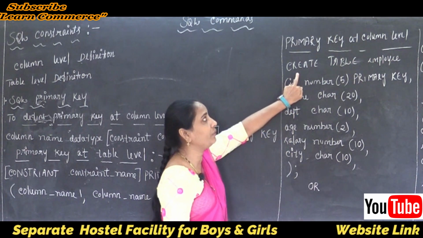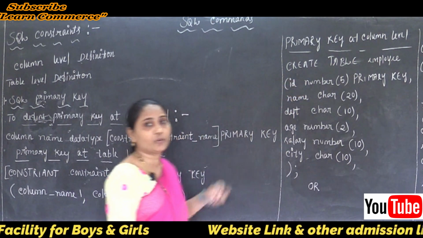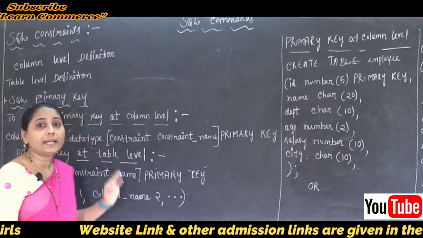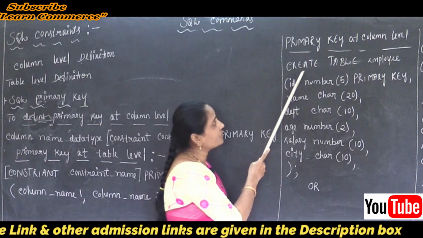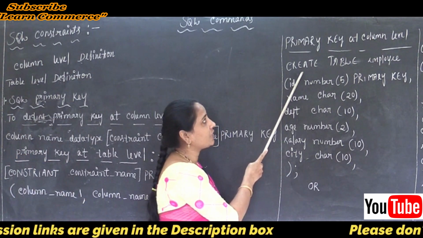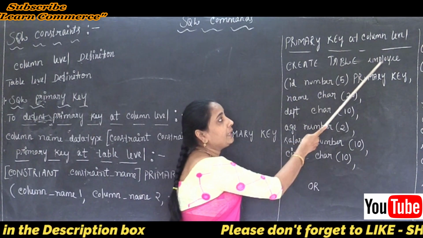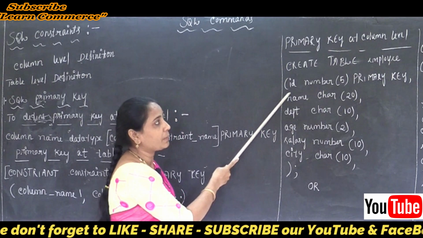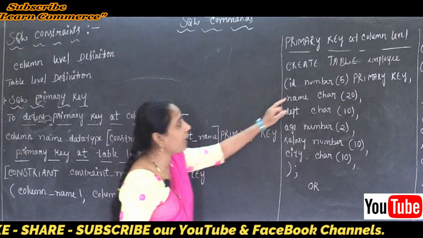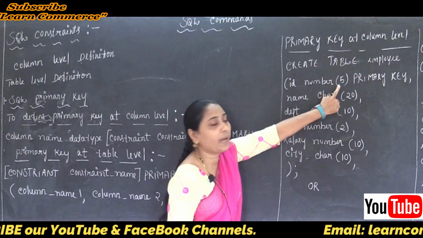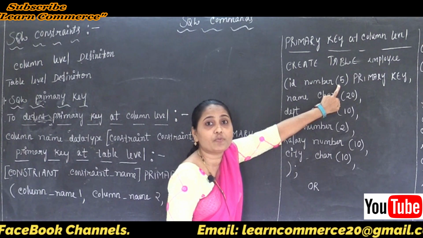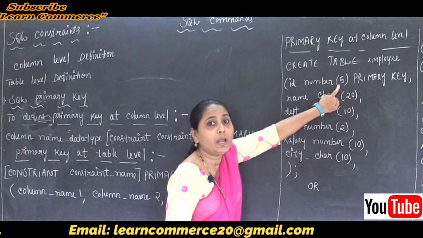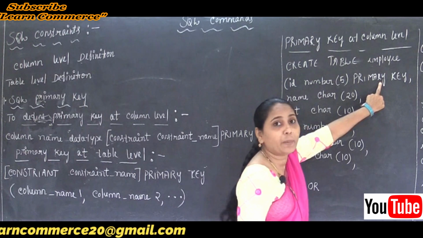We know that every time a table is created, we use the syntax CREATE TABLE. So here I start with CREATE TABLE, and the table name is employee. Such a table has some columns: ID is NUMBER, and in parentheses I used 5, that is the length of the column, and here I am using the primary key.